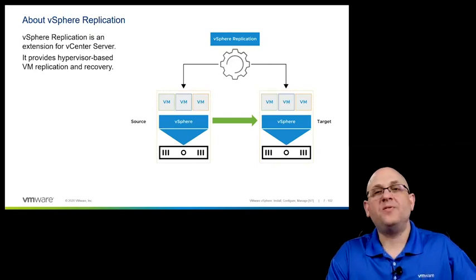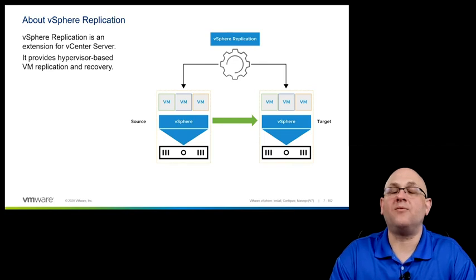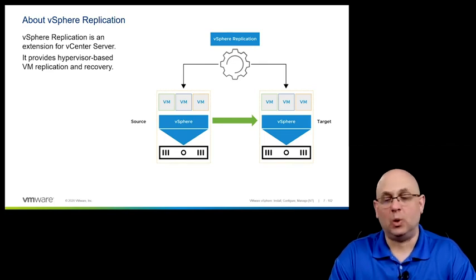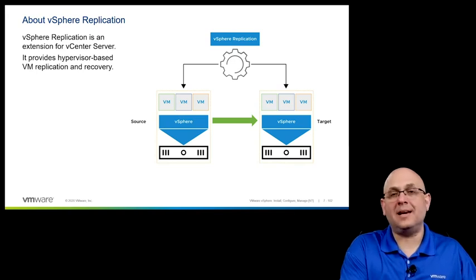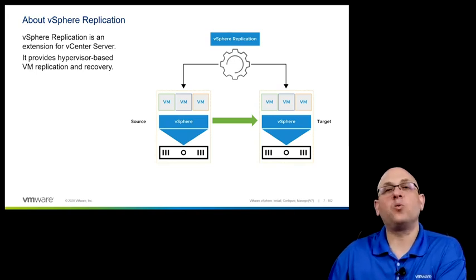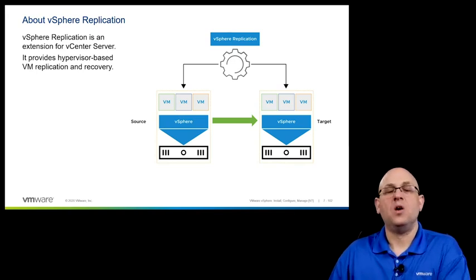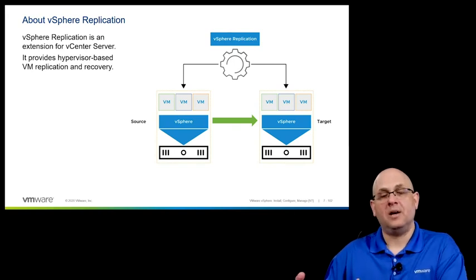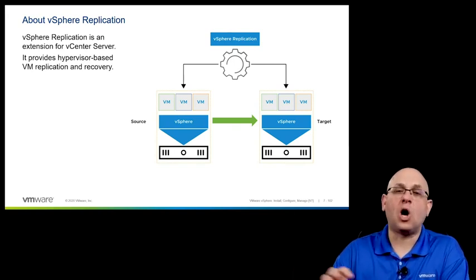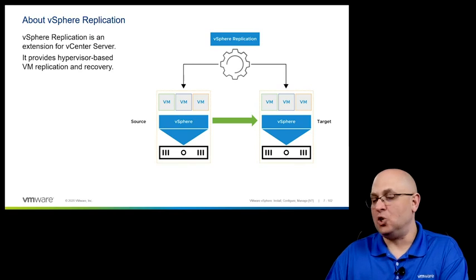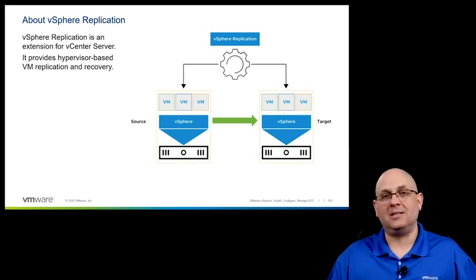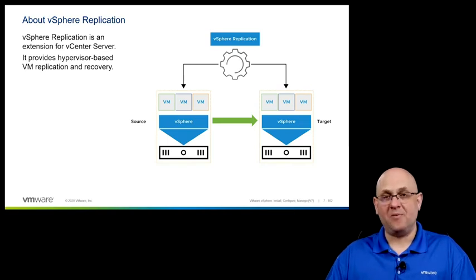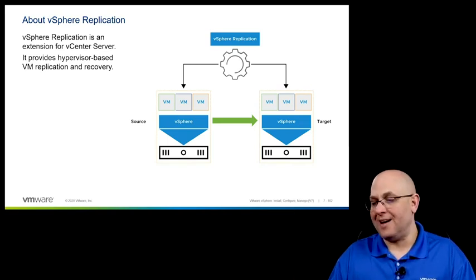Okay, so vSphere replication comes to us in the form of a set of virtual appliances that we will run both in the source data center as well as the remote data center, or the remote area where we're targeting our virtual machines to be replicated. So we have these two virtual appliances that you can download from VMware and deploy into your environment.